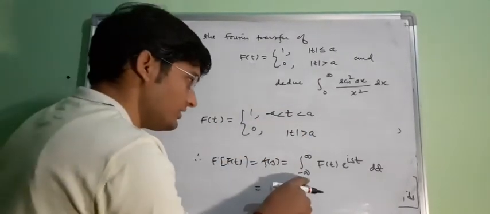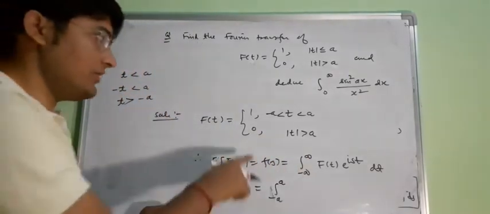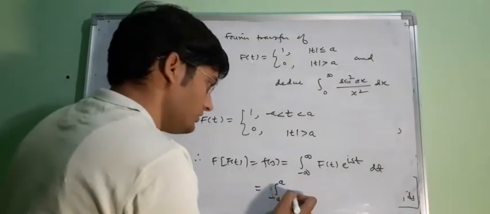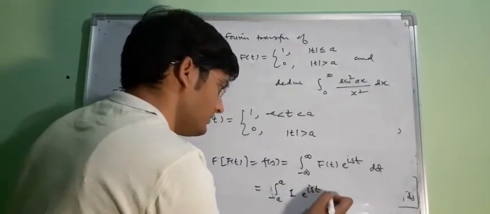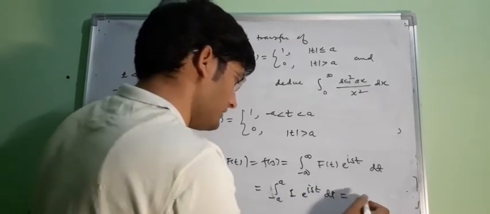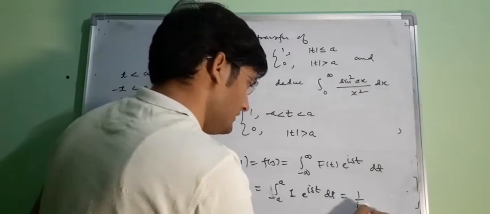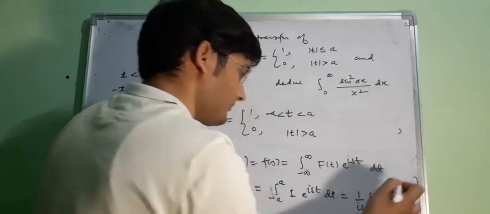So we will break it only for -a to a, and for the remaining cases the value of the function is 0. Here the value of the function will be 1, and we get e^(ist) dt. Its integration is 1 upon is times e^(ist), with the limit from -a to a.